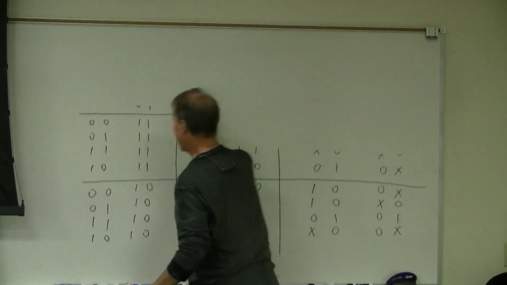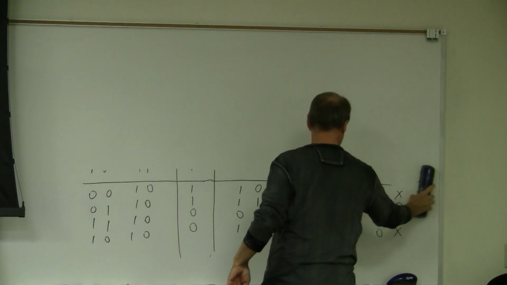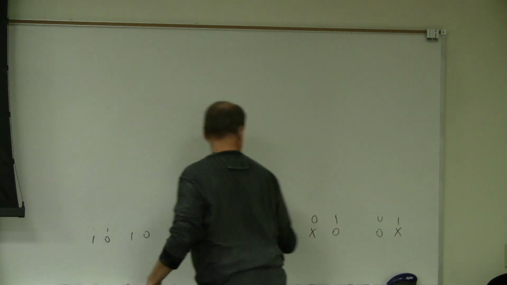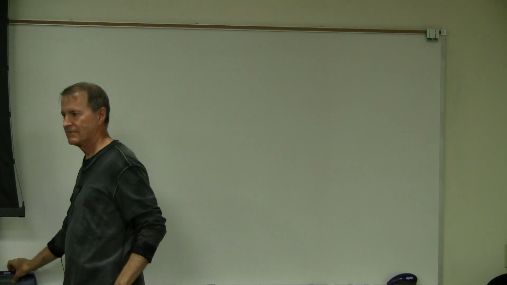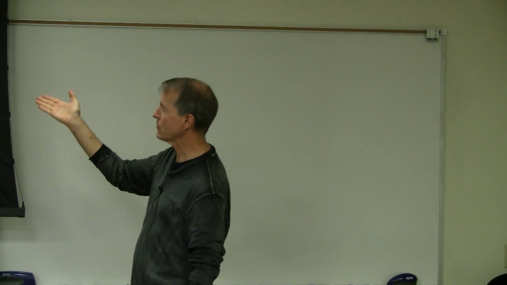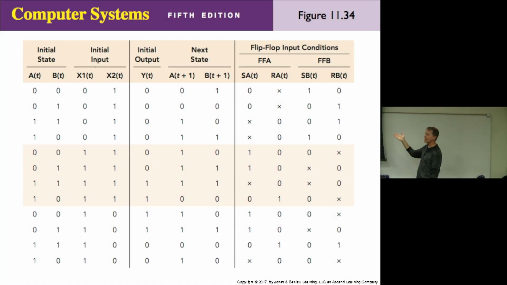Okay, now what we have to do is design it. Oh, Karnaugh maps. Now we have to do the Karnaugh maps. Here's our figure 11.33. How many Karnaugh maps will we need? 4. Close, but no cigar. 6.